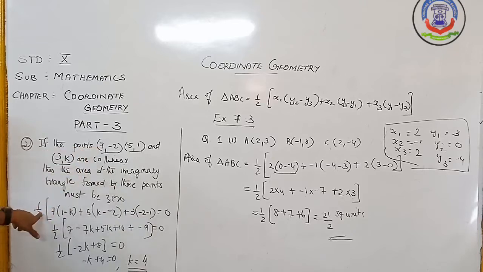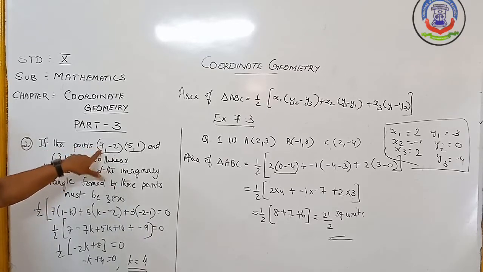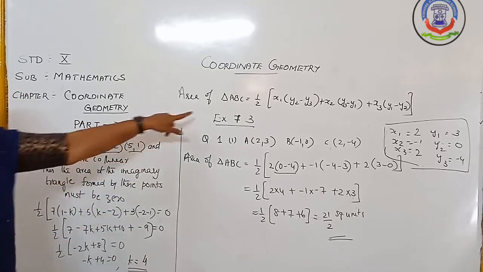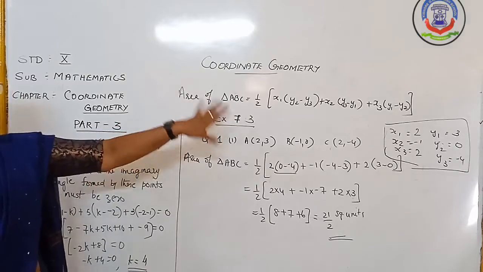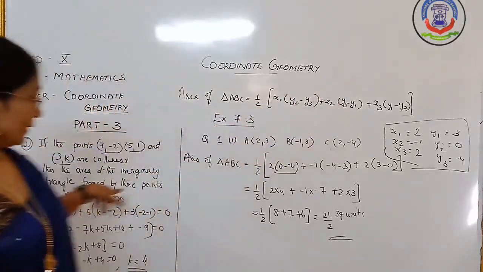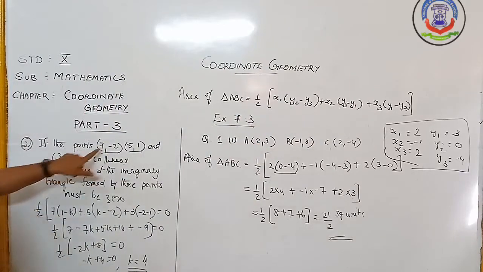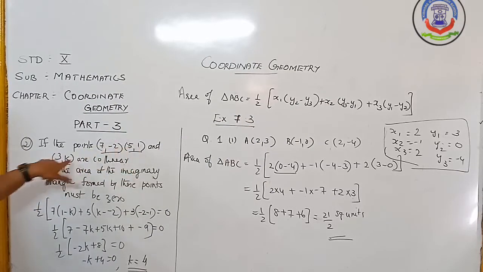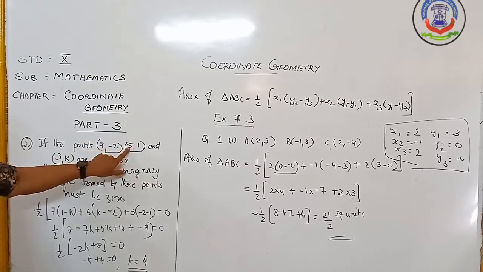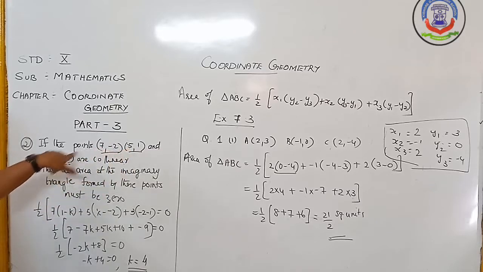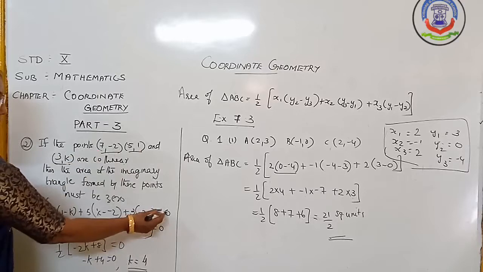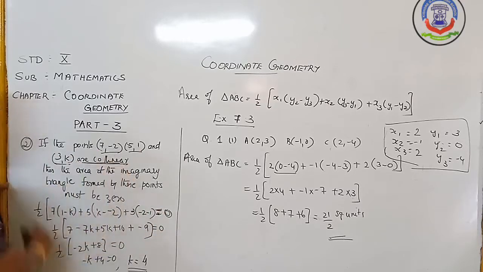So you will apply the area formula, half into, here also we can write x1, y1, x2, y2, x3, y3. Now substituting the values, you will get half into 7 into, that means the first point's x coordinate multiplied by the second and third points' y coordinates, 1 minus k, plus the second point's x coordinate 5 into k minus 2, plus 3 into minus 2 minus 1, equal to 0, because this area must be 0 since the points are collinear.